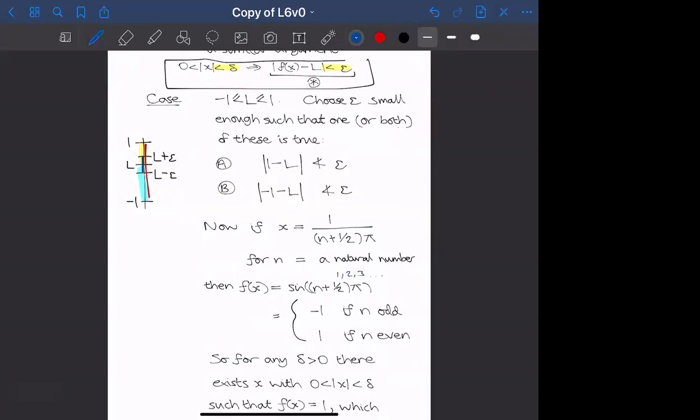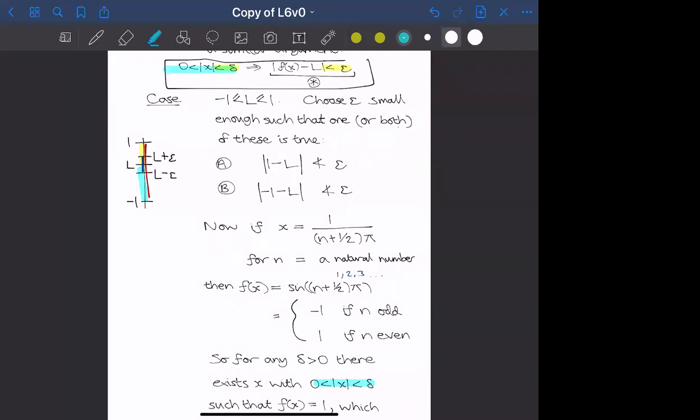So as n gets bigger, these x's get smaller and smaller and closer to 0. So that means that for any delta greater than 0, there exists x with 0 is less than the absolute value of x is less than delta.